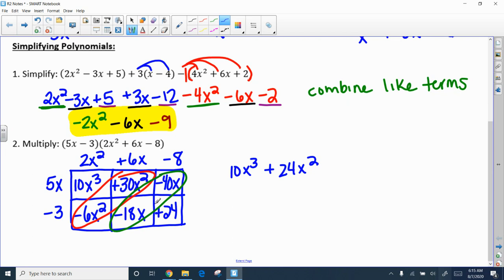I can combine these ones. A negative 18x and a negative 40x is a negative 58x. And then I just have the plus 24, which does not have any like terms. All right, and there is our polynomial when we multiply those. So this happens to end up as a polynomial with 4 terms.